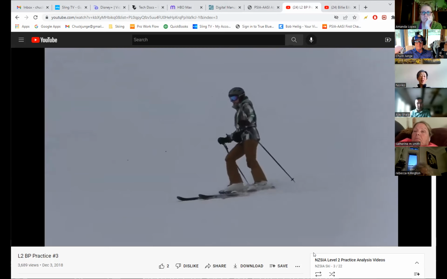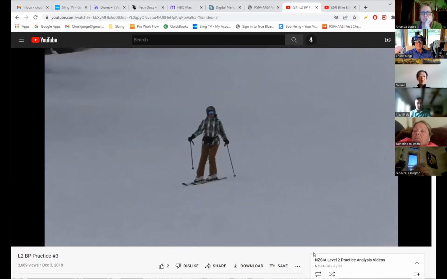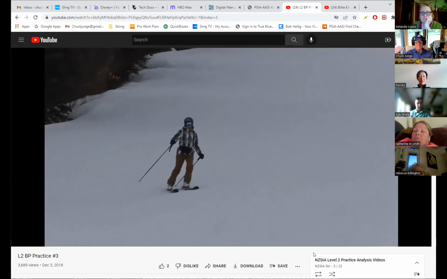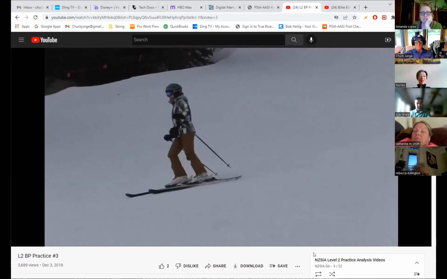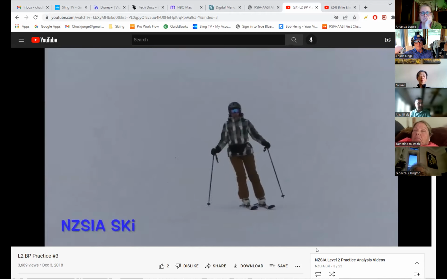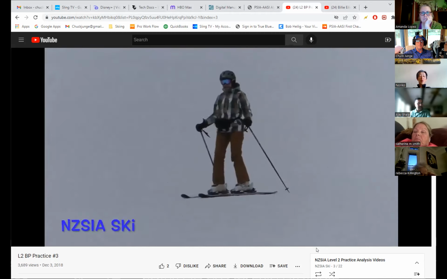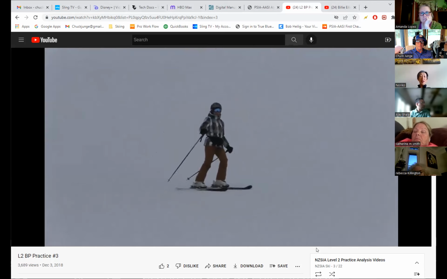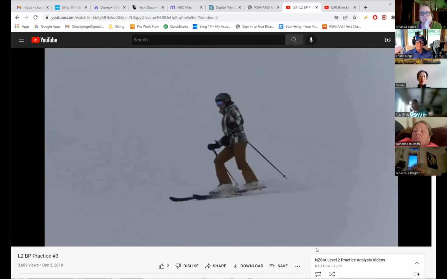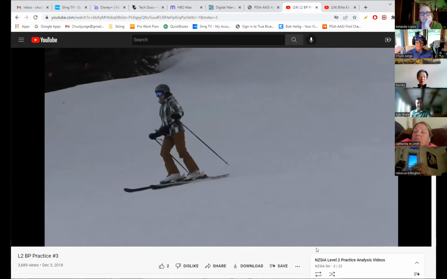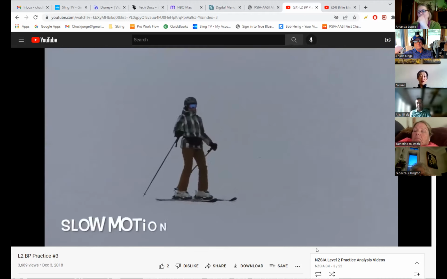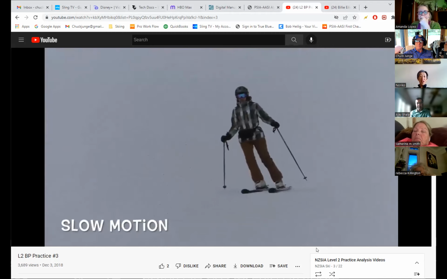And then she's using all possible things that she knows instinctively, by having the wider stance and pushing her front or inside ski forward to make the base of support as big as she can.